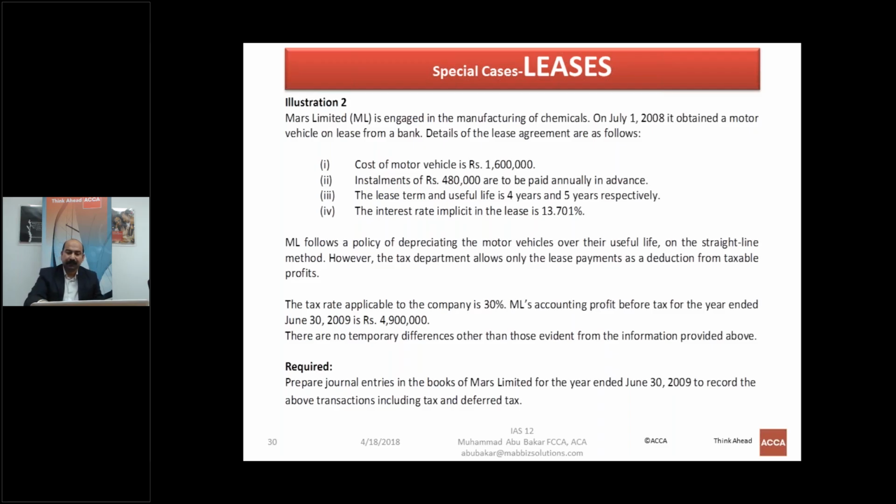So this is the illustration, and this is also available, as I mentioned earlier, on GoToWebinar. Anyone who has not yet downloaded this handout, I suppose named leases, should do so, because while we discuss the deferred taxation implications for this leasing transaction, it is better that the original illustration should be in front of you.